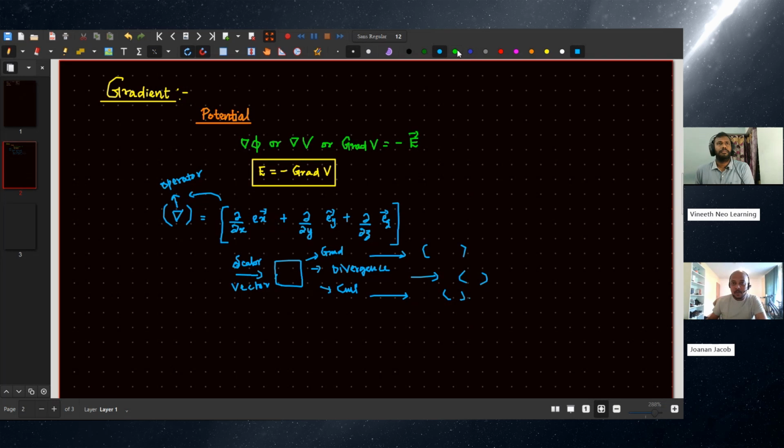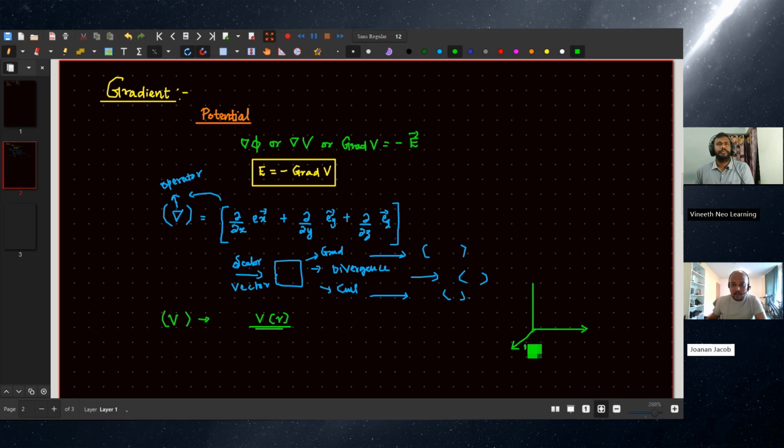So suppose we have a function, let's say V. V is a scalar, which means we usually write it as V of r, which means that for each point in three-dimensional space, V has a particular value, isn't it?